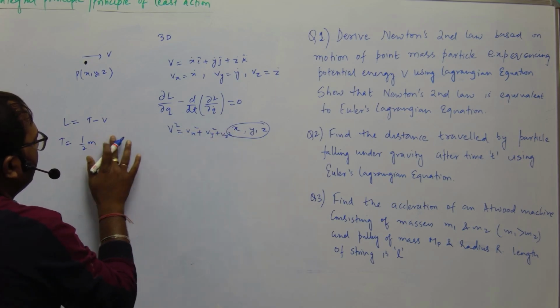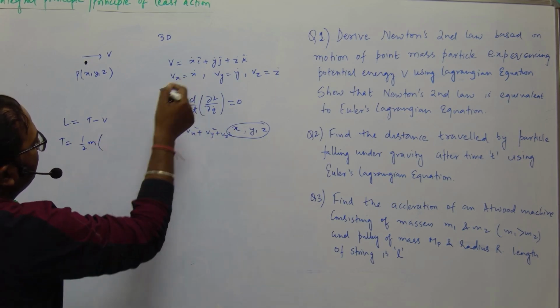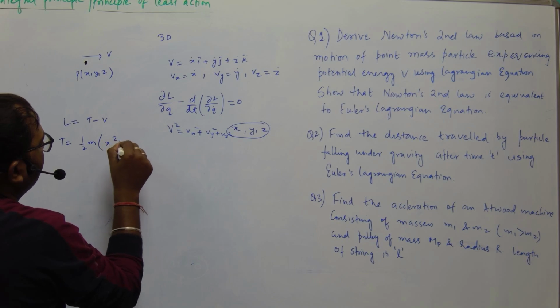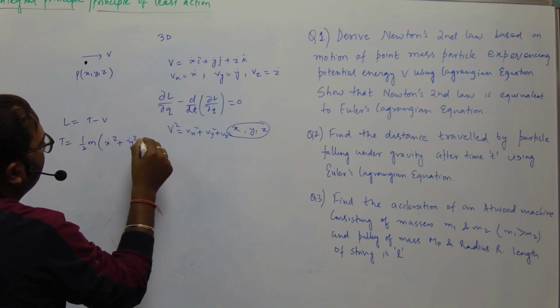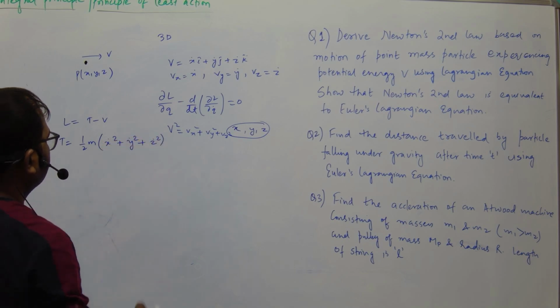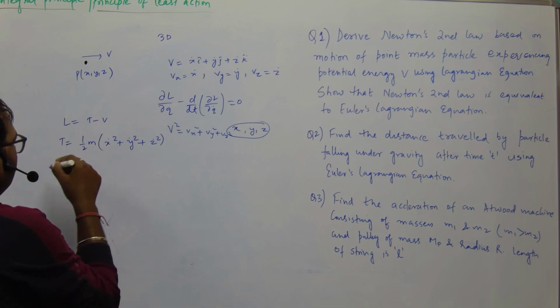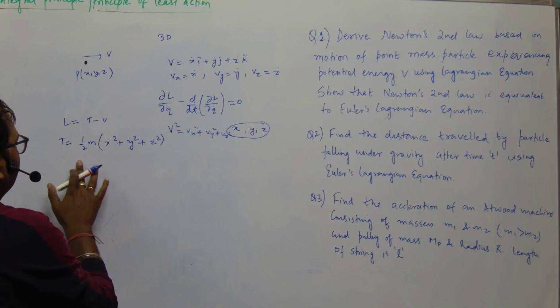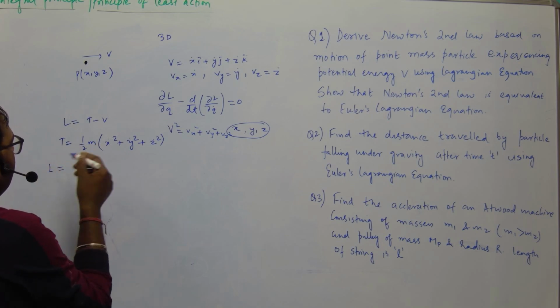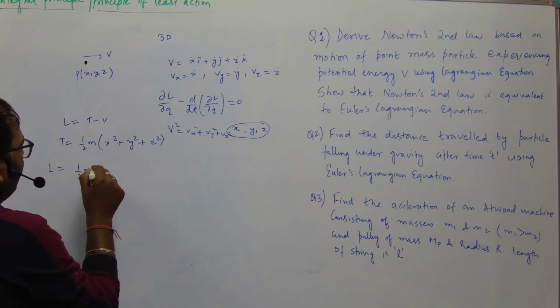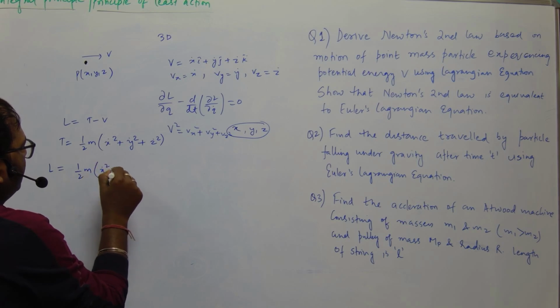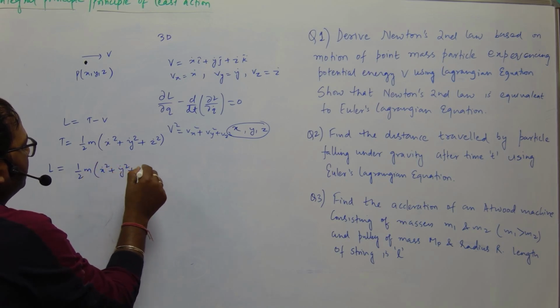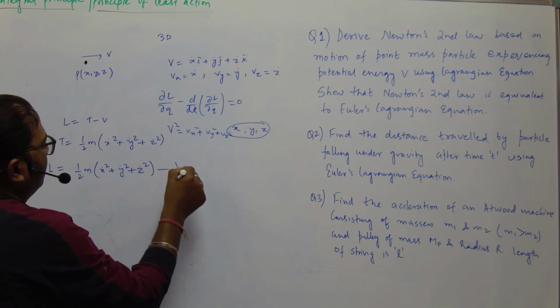This we can write as x dot square plus y dot square plus z dot square. This is the kinetic energy, and let us keep V as it is, the potential energy. So our Lagrangian will be L is equal to T minus V, that is half m times x dot square plus y dot square plus z dot square, minus the potential energy.